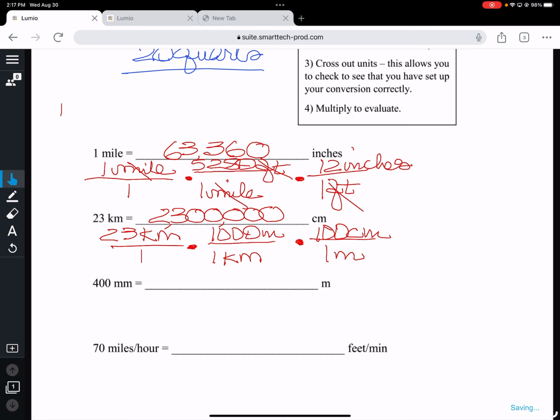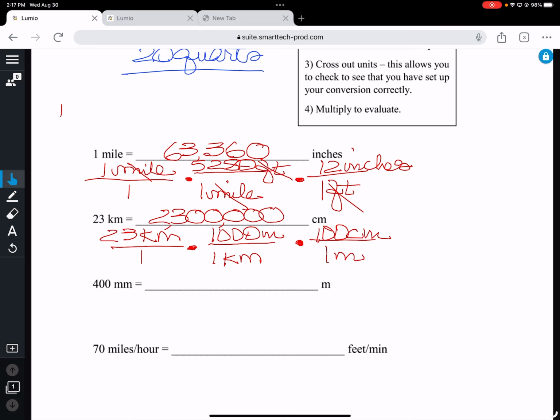Then, when we look at millimeters to meters, we know we're going to put 400 millimeters over 1, and then we know we need millimeters on the bottom.